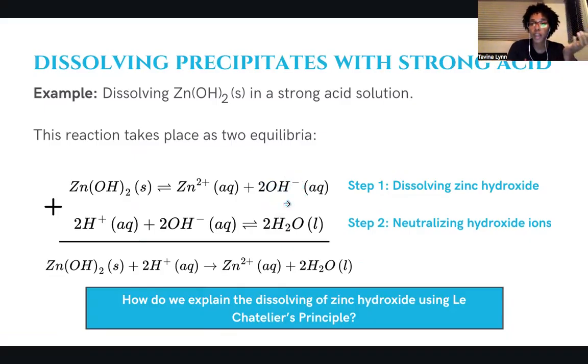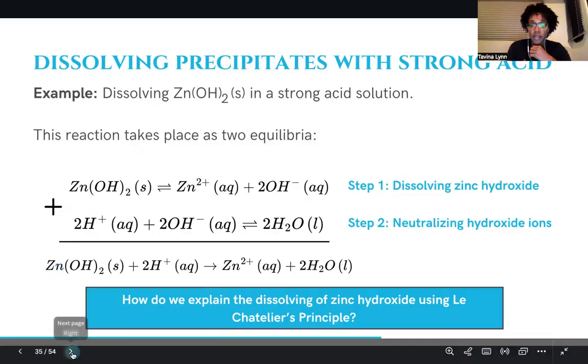So according to Le Chatelier's principle, if we disturb this equilibrium by decreasing the amount of hydroxide ions, it's going to shift the reaction to the right. And by doing that, we are increasing the solubility of zinc hydroxide by dissolving it in strong acid.